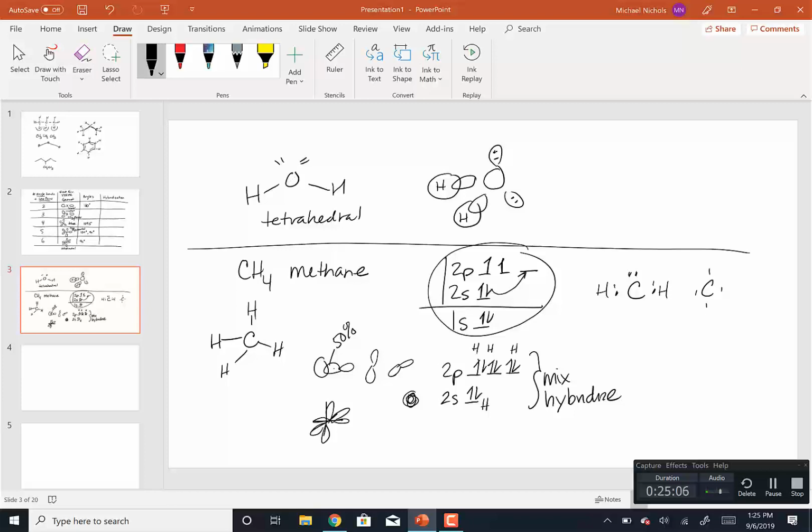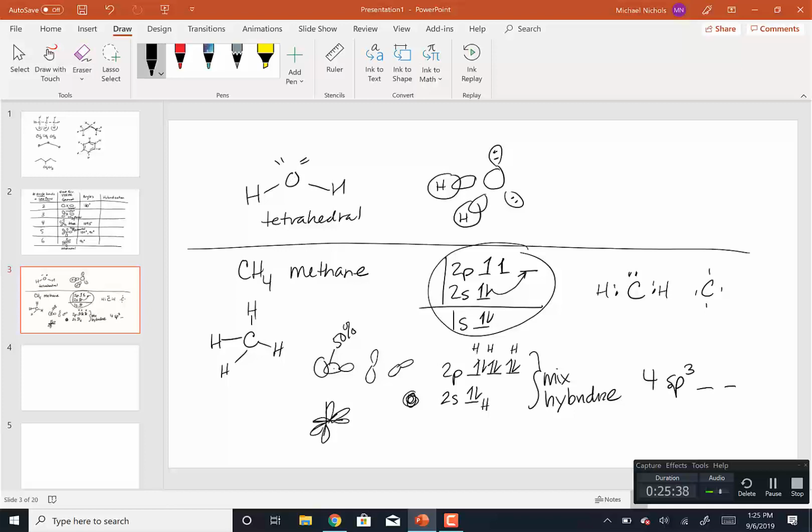So all hybridized atoms, like all sp3s, are going to look the same. They're going to have 4 hybridized orbitals. How many electrons are in each orbital is going to vary from atom to atom. So when I say I'm mixing the orbitals, it's sans electrons. I'll put the electrons back in depending on the element. Okay. So when I mix an S with 3 P's, I get 4 sp3 hybrid orbitals.